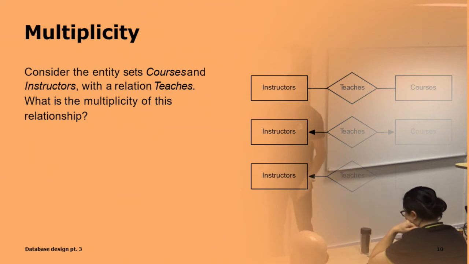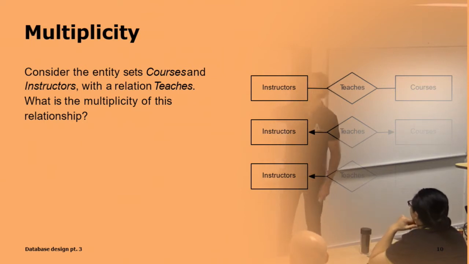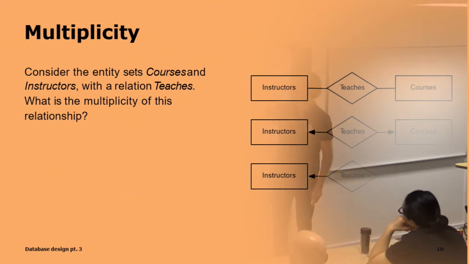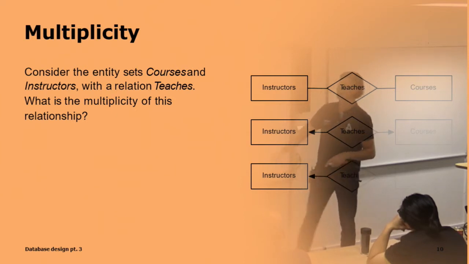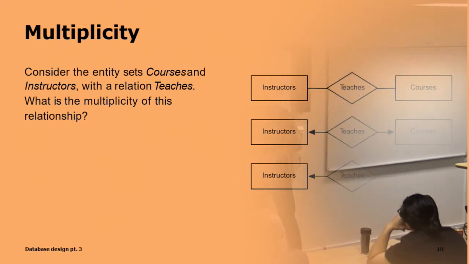If you take the middle model, we have one instructor might teach at one course, meaning really 0 or 1. And one course may be taught by one instructor, which might mean 0 or 1.